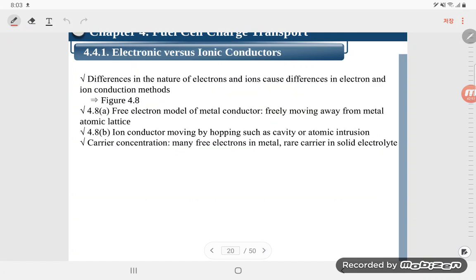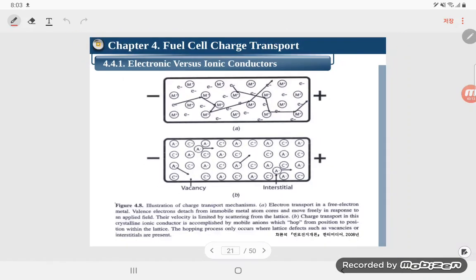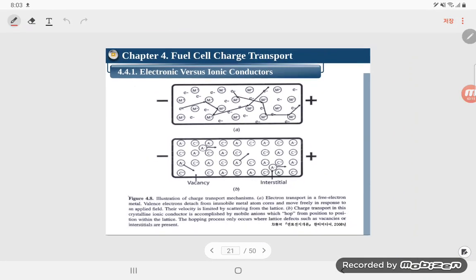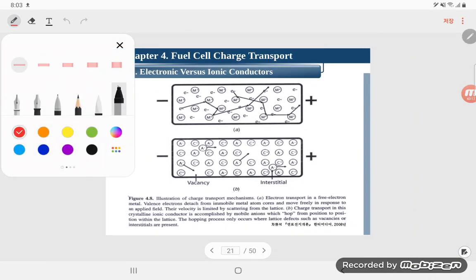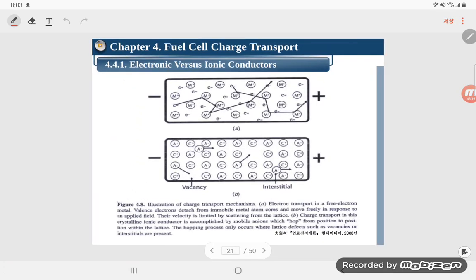The differences in the nature of electrons and ions cause differences in electron and ion conduction methods. Okay, there is figure 4.8. Let's see these together. That is the illustration of the charge transport mechanism.